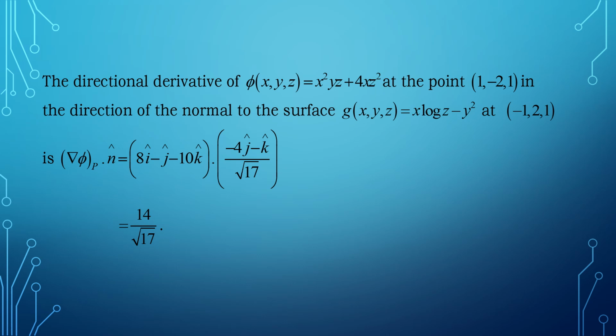The dot product is 14 by root 17, which is the required directional derivative of the given surface in the direction of the normal to the second surface g of x comma y comma z equals x log z minus y square at the point q. We are done.